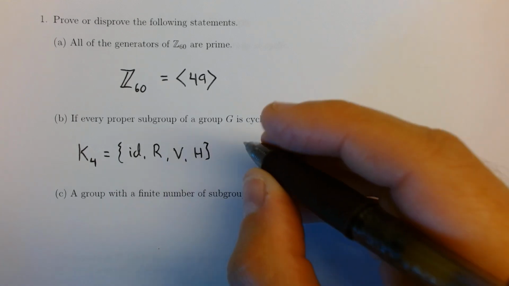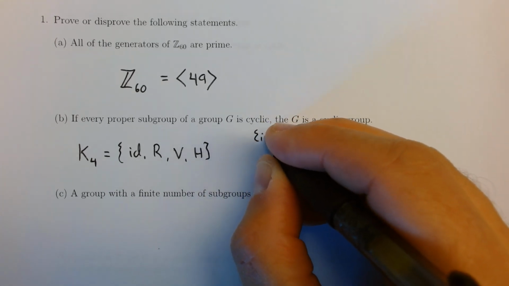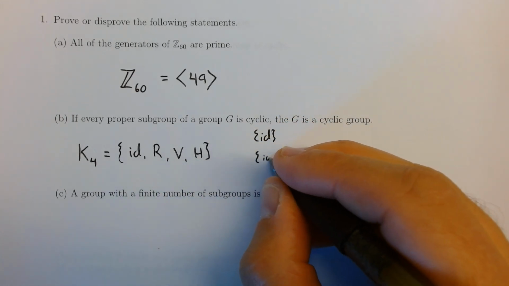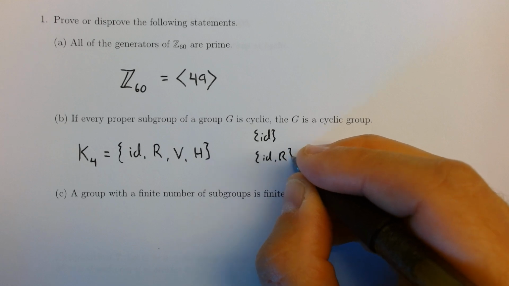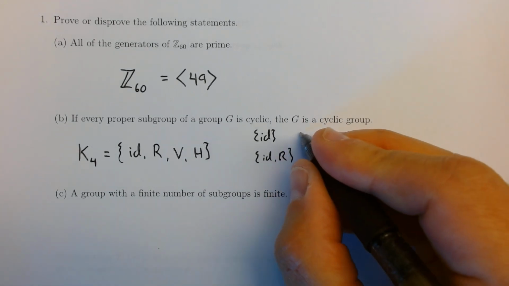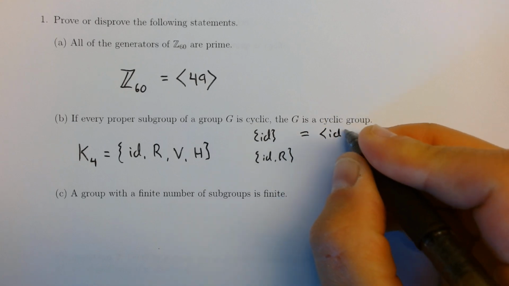All of the subgroups are either just the identity, or the identity with any one of the other elements. This is the group generated by the identity.